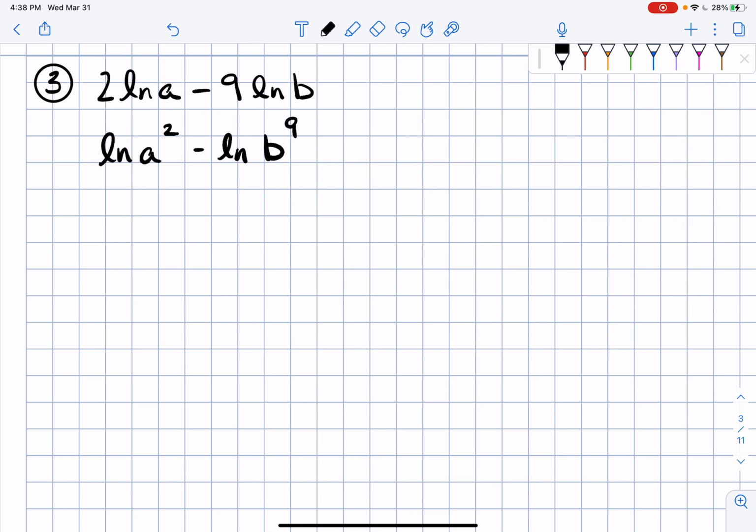So I will have the ln of a squared over b to the 9th.